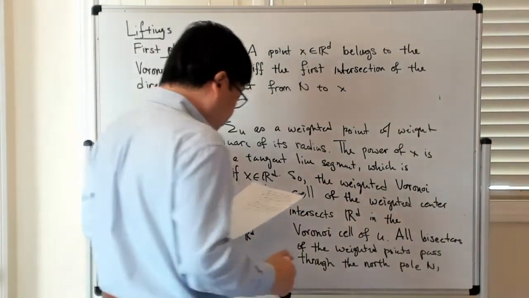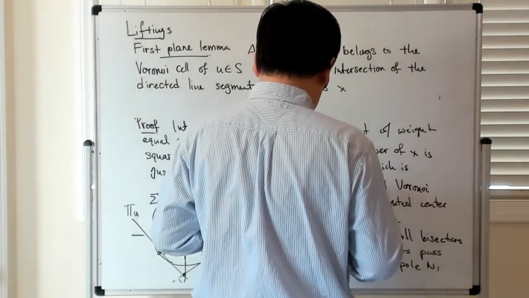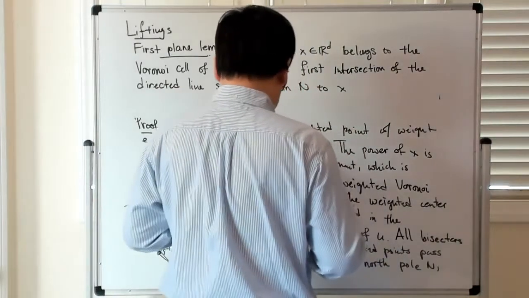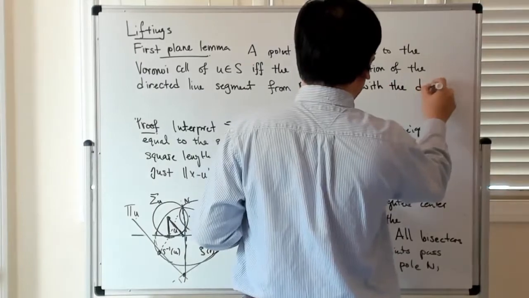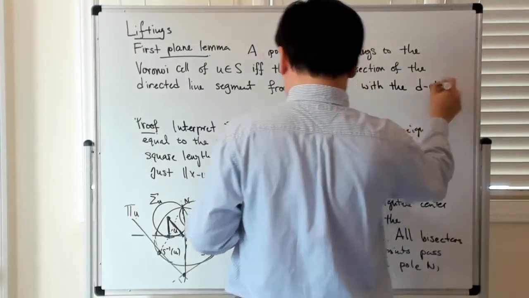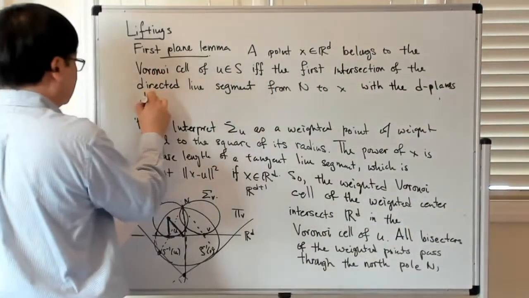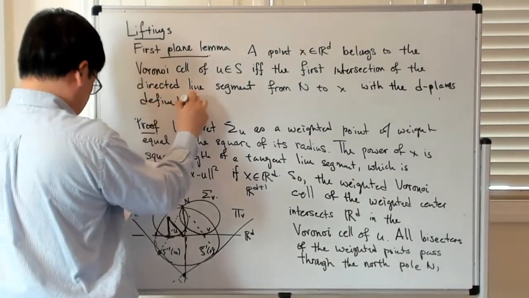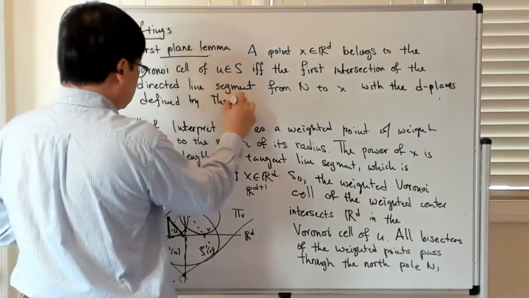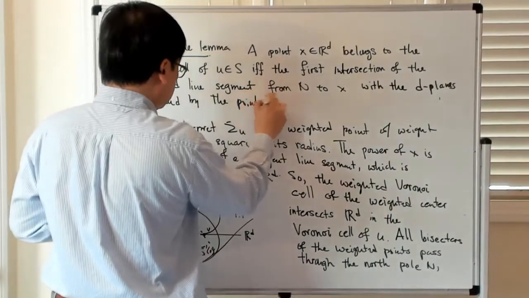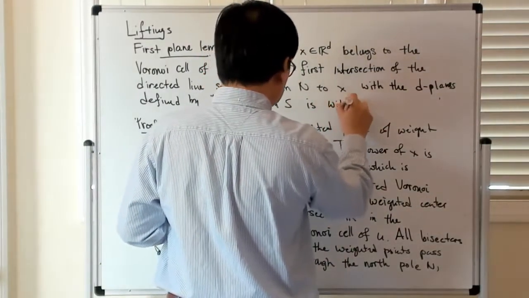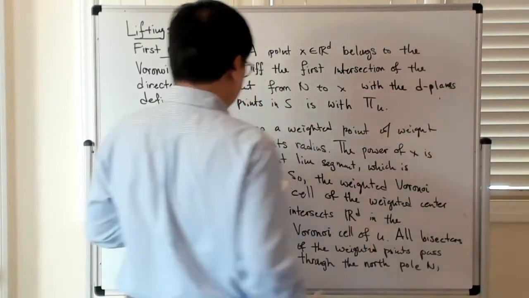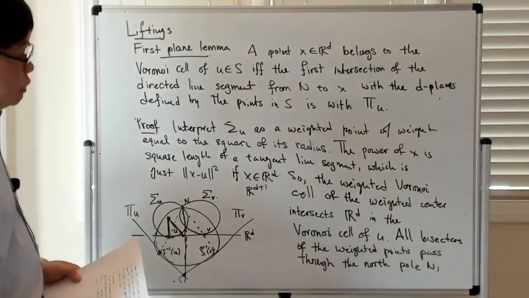from X, with the D-planes defined by points in S, is with pi u. So that's a dual construction, if you will.